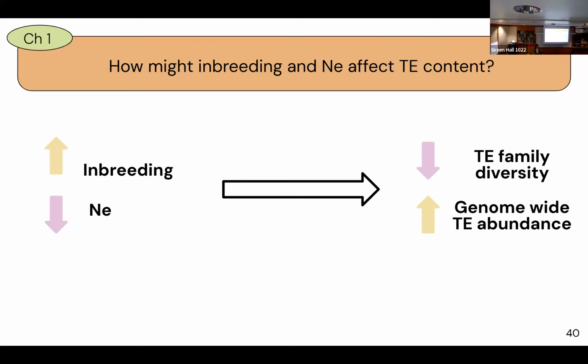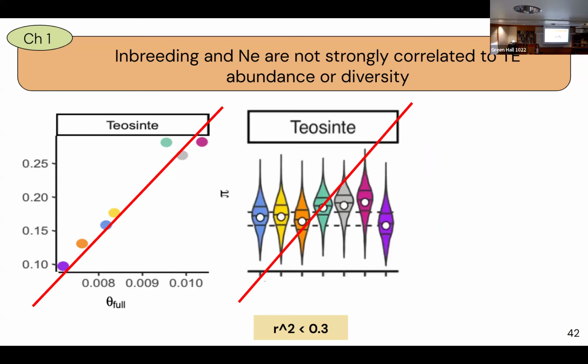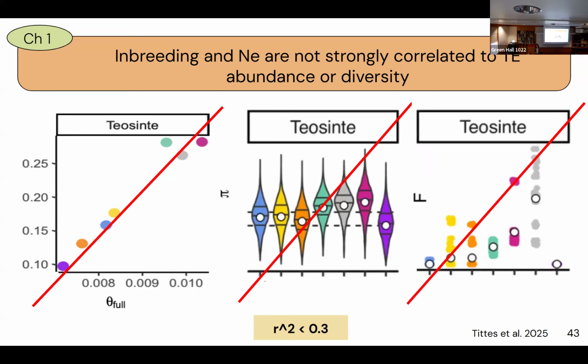And generally, we can expect that with increased inbreeding and decreased Ne, we should also see decreased TE content in a similar way to decreased genetic diversity. So do we see these patterns in our population? No. So plotted are the actual values for my trial population. TE content was not strongly correlated with effective population size, nor was it correlated strongly with genetic diversity or inbreeding.